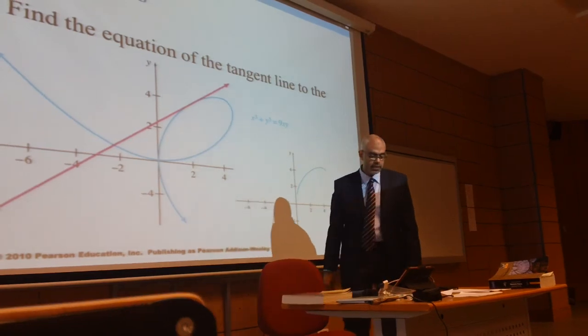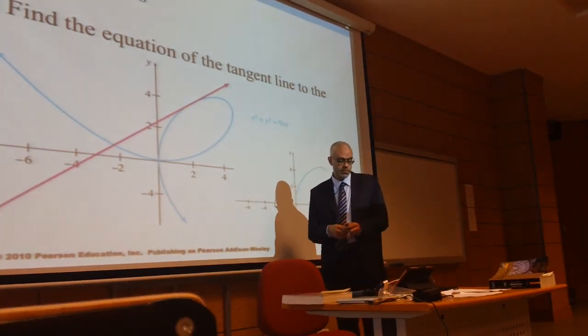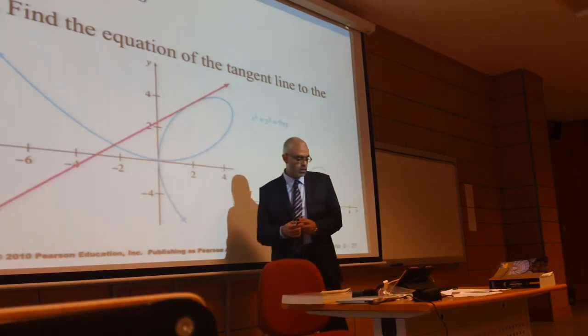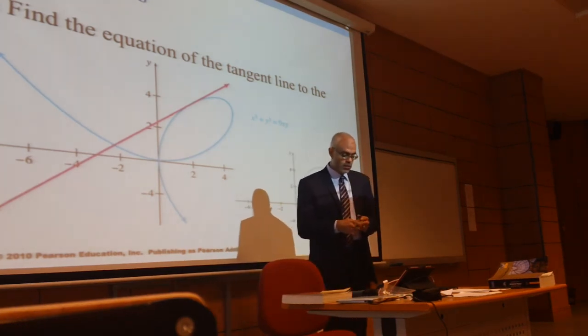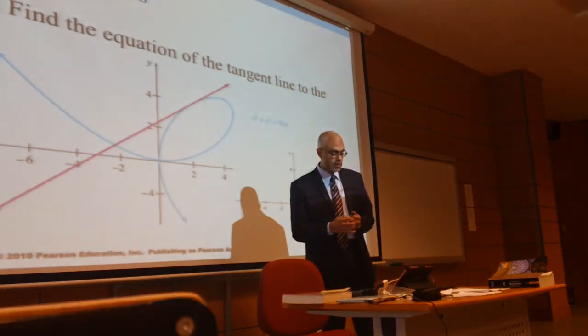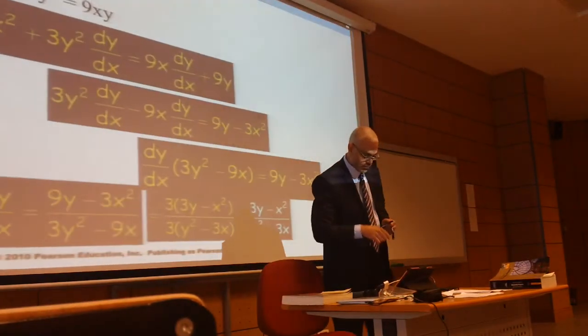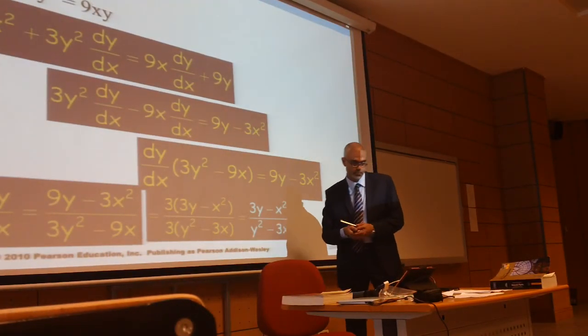Now, let's find the tangent line to this: x cubed plus y cubed is equal to 9xy. How do we do that?